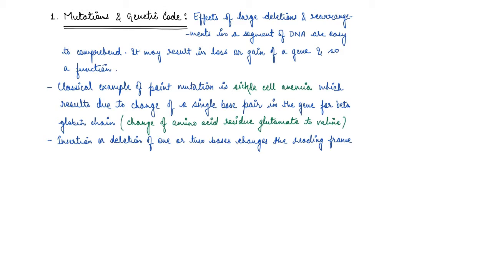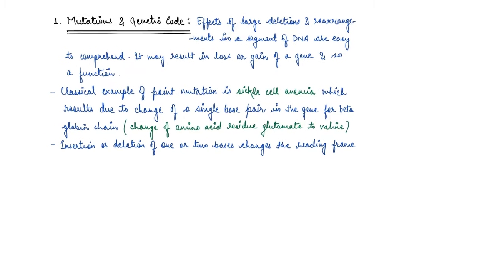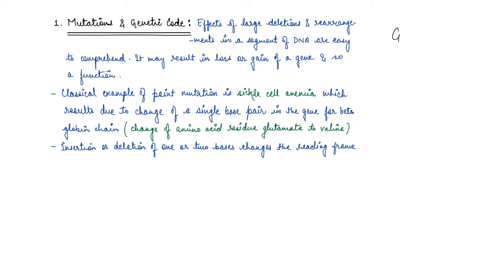Now, if we studied sickle cell anemia as well, guys, right? In sickle cell anemia, what used to happen is that either in the beta globin chain or in the alpha globin chain, a single base pair would be changing, and because of that the amino acid residue glutamate would change to valine, right?